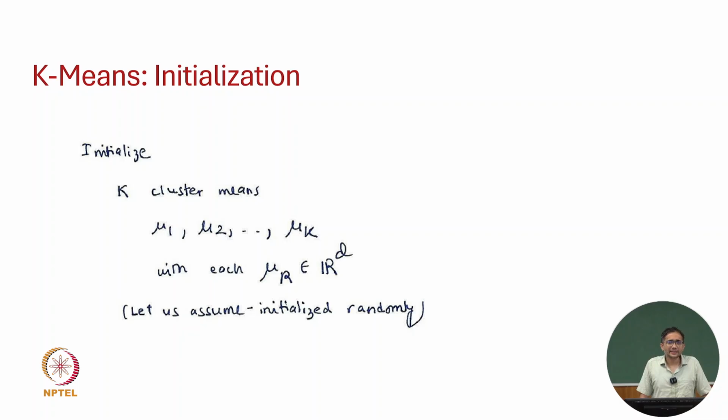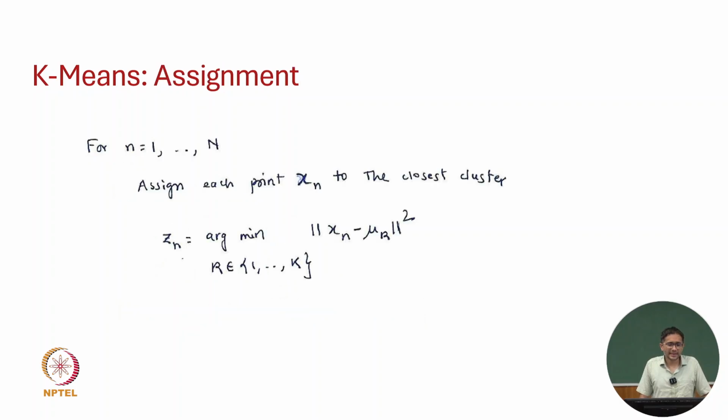So those were the k cluster means, right? We want these k groups. Now what do we have? We have n data points in total, which means we'll assign each of these data points to the closest cluster.